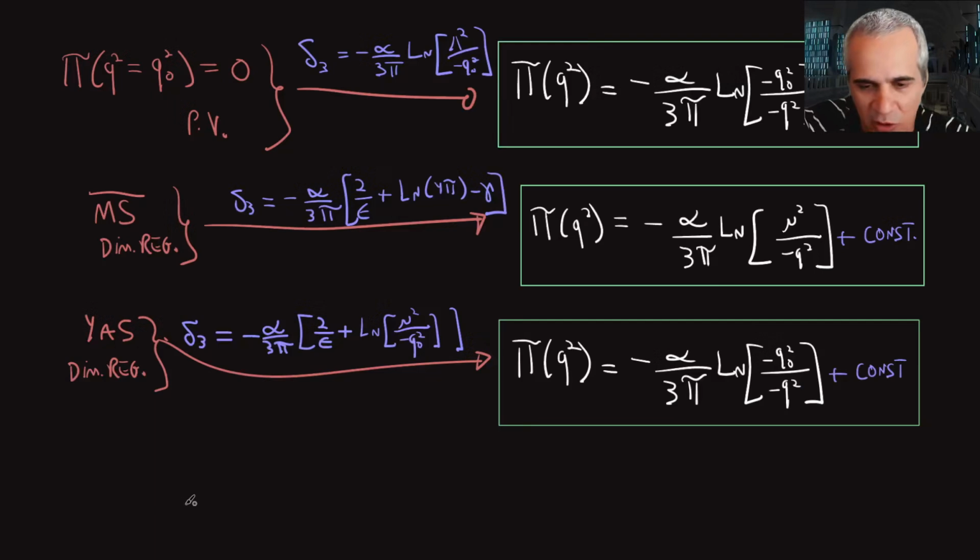And now I'll just call this arbitrary scale m square, right? Everywhere it matters, I will do the calculations in Minkowski space, but I'll stay in the region where q square minus q square is bigger than 0 and m square is bigger than 0, right?